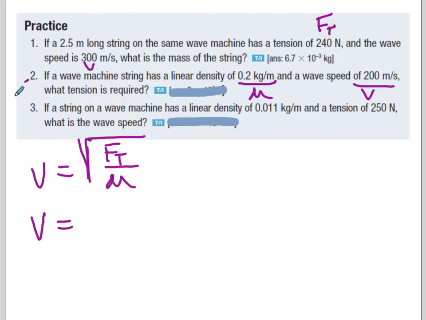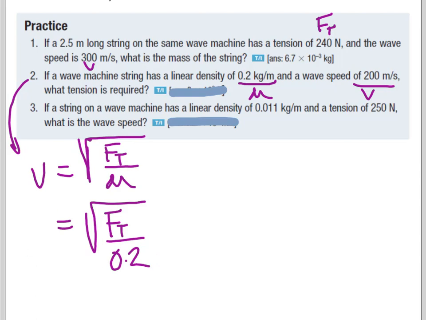So this is number 2. And then we should have the square root of, oops, sorry, I'm going backwards. We want the tension force here. And we want 0.2. I have the correct units. I'm going to get rid of my v because I know it. It is 200.